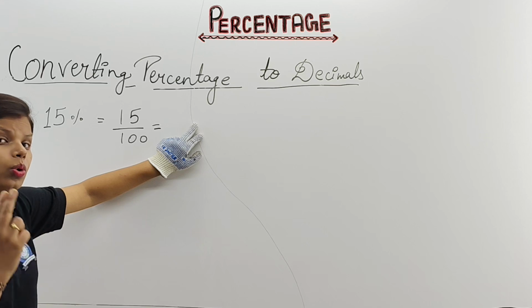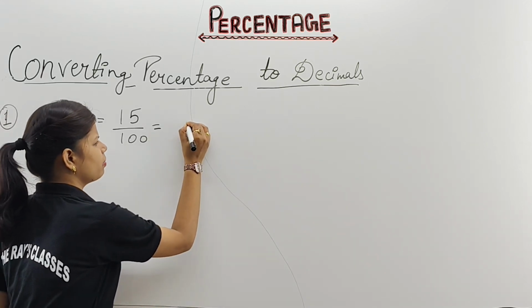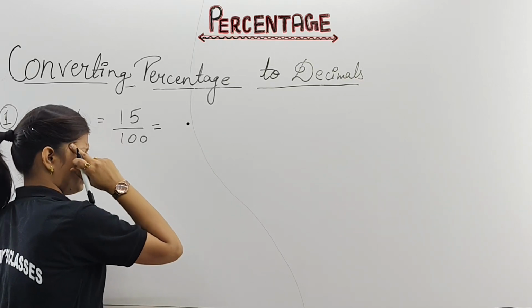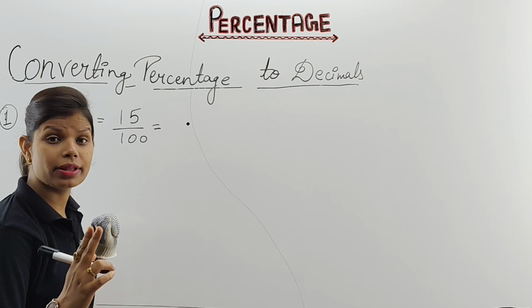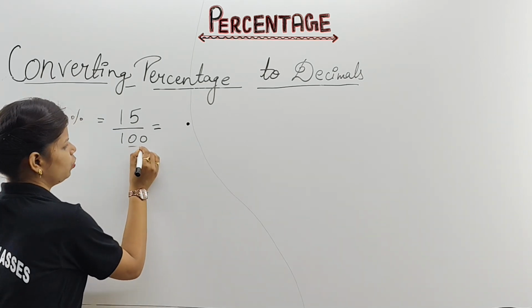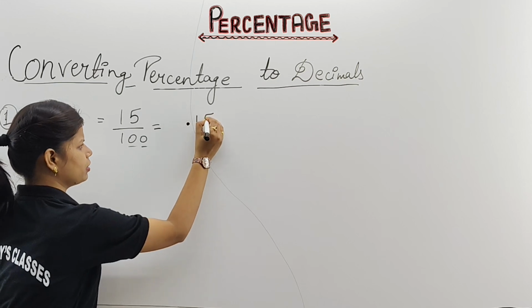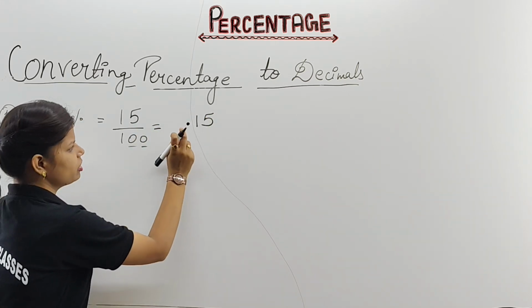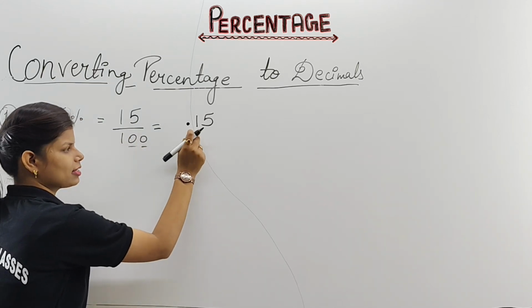Here I will put a decimal to one number and then decide how many numbers will be after the decimal. After the decimal 2 numbers will be there. Why, children? Because we are having 2 zeros. That means 2 numbers, one is your 1, other is your 5. That means 0.15. When you are converting this percentage to decimal, you will get this answer.